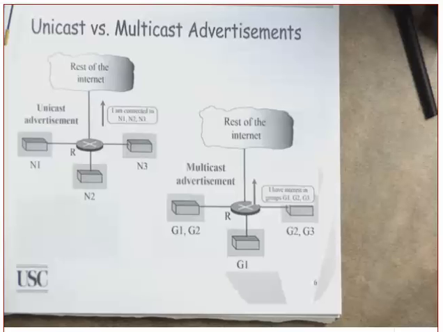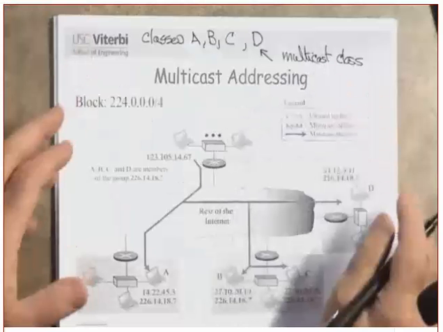Okay, how do you know that this address is a multicast address? By looking at the first bits. The 32 bits are divided into 4 bytes.